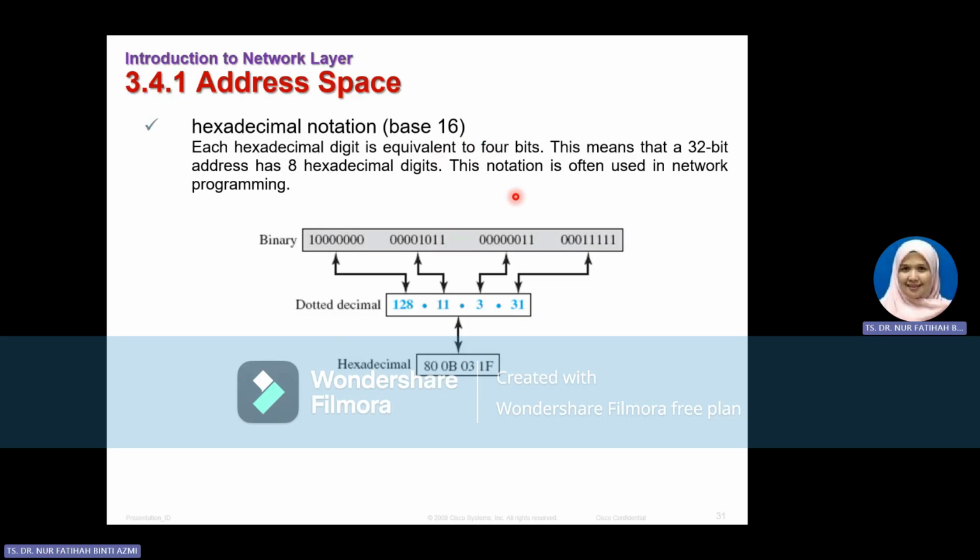This means the 32-bit address has eight hexadecimal digits, and it is always used in network programming. So this binary is equal to this dotted decimal, and if we transform it to hexadecimal, it will be an 8-digit hexadecimal number.